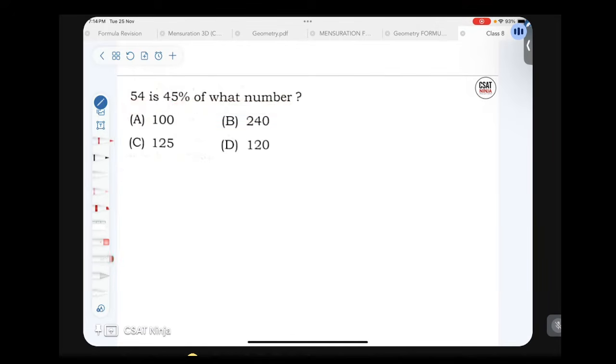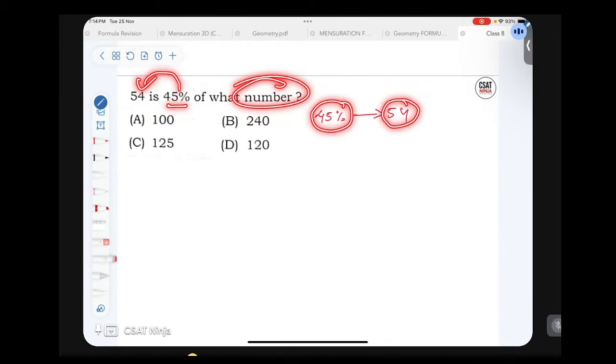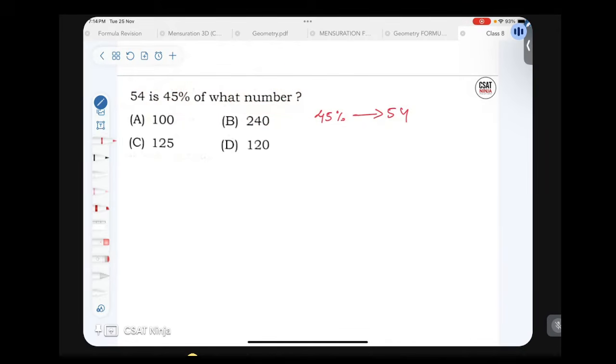54 is 45% of what number? Which simply means 45% of a number is nothing but 54. That's what the question says. We are asked to find the number. So 45% is given as 54. What do we know? We know that 1% will be 54 divided by 45.